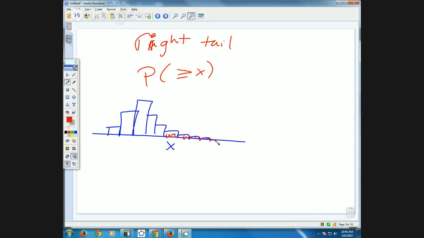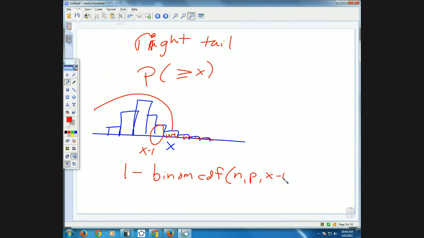So to calculate that on the calculator, that would be 1 minus binomcdf of n, p, and, no. If I put an x there, it would subtract this column and everything else. But I want to keep that column. So if this is x, what would this guy be? It'd be x minus 1, the column right before it. So that would have to be an x minus 1 there for this to work. That's the tricky one. Right tails are hard with binomials.